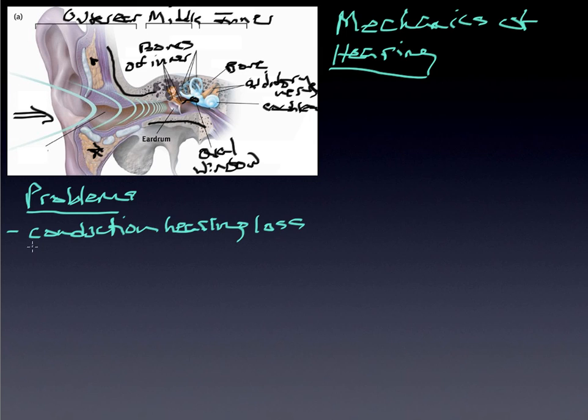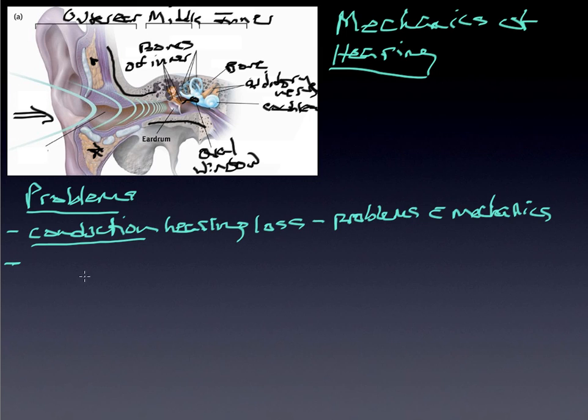So conduction hearing loss has to do with problems in mechanics. So whether that's the bones in the inner ear, it can be any of the parts that go from the outer ear to the eardrum to the bones within the inner ear. That's a conduction hearing loss, essentially.